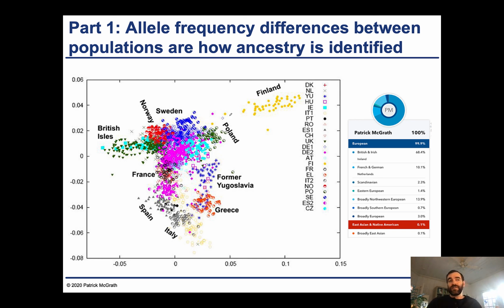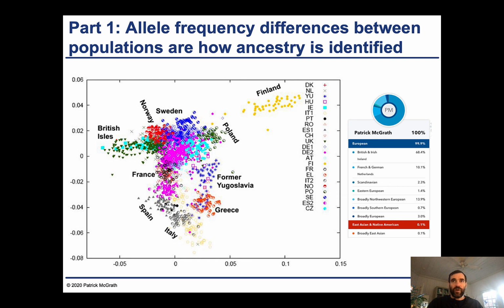And so this is just a technique called PCA analysis, principal component analysis, but it's a way to take a very large data set and reduce it into something that's two-dimensional that you could graph. But each one of these spots is information about the allele frequencies from individuals from different places.